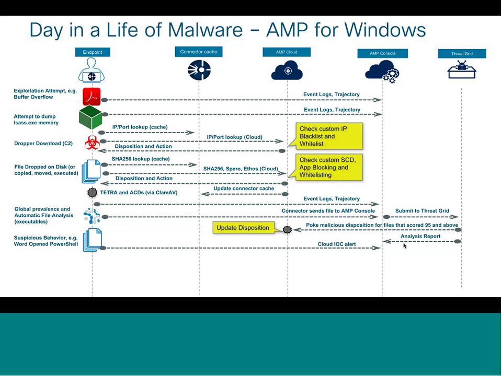While that's all happening, all of the behaviors or all of the actions by a particular file or an executable are being monitored by the AMP connector itself. And that's where, if certain telemetry has indicated suspicious behavior, like in this case Word opening PowerShell, a Cloud IOC alert could be logged in the AMP console. It's important to remember that cloud indicators of compromise are not real-time.